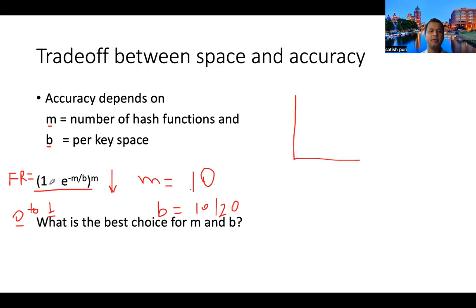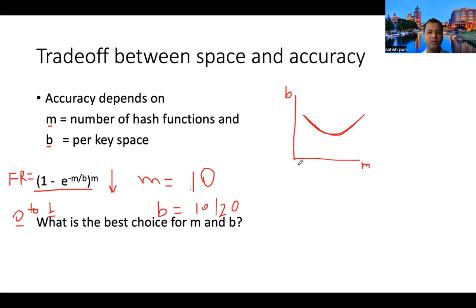If we can plot this function, then we can see how these variables are related. Here we have three things to show: you have m and you have b, and based on what values of m and b you choose, it may give you a curve like this. So the false positive rate decreases and then increases. You may get some graph like this if you plot this.